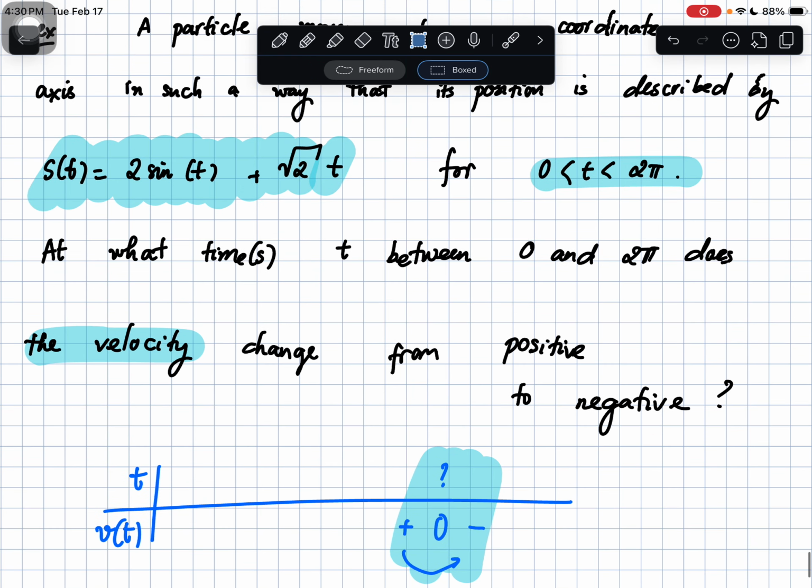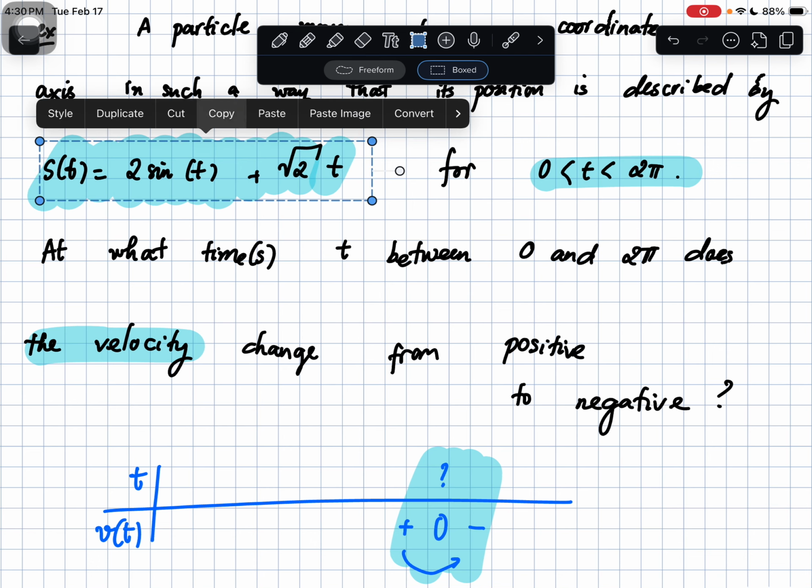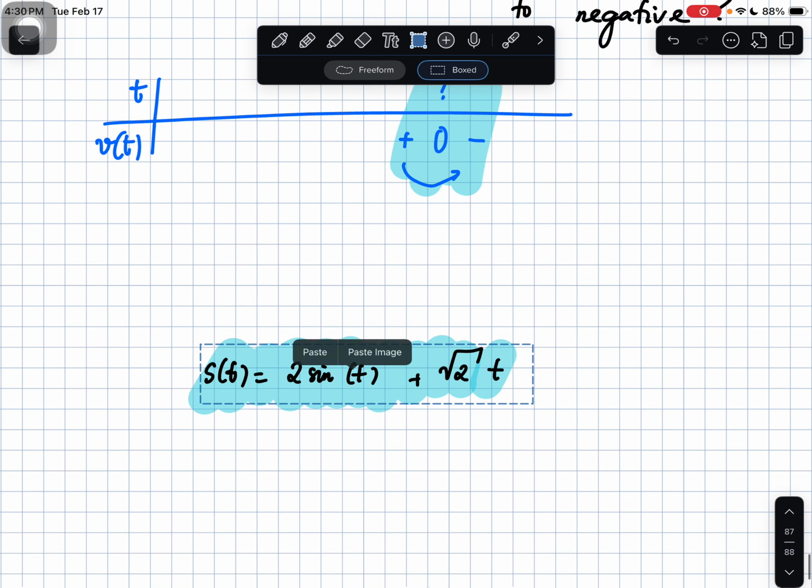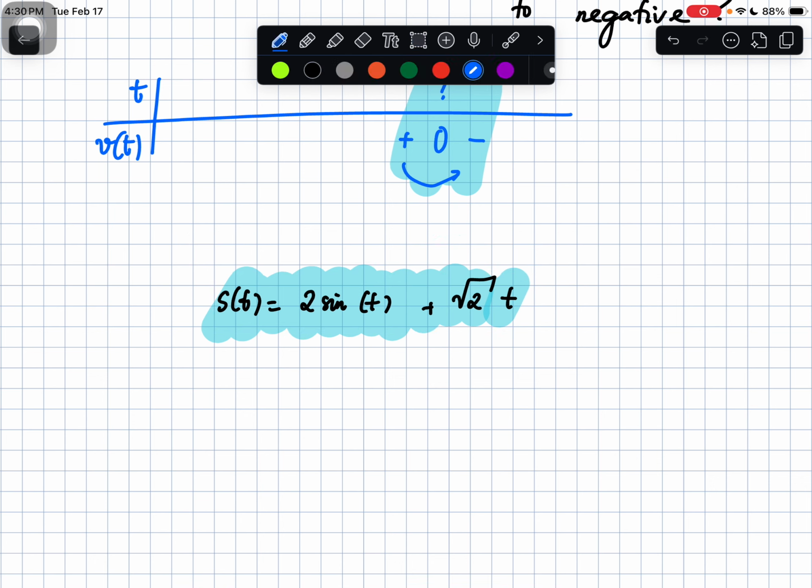This is the position function s(t). Then you have the velocity function v(t). v(t) is the derivative of s(t).